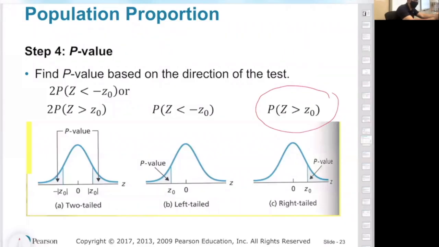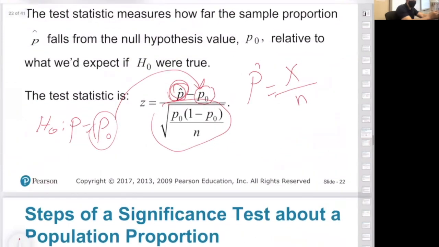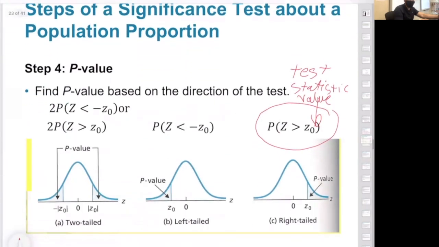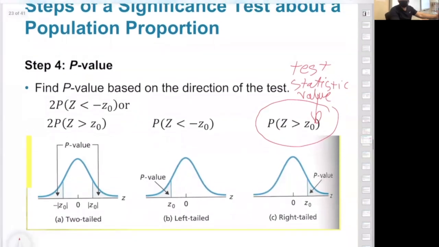Z naught here is the test statistic value. This is the value of Z. We will use it here to find the p-value. So it's greater than, which means you need to find this area, of course from the table or by software. This is if you have a right-tailed test.